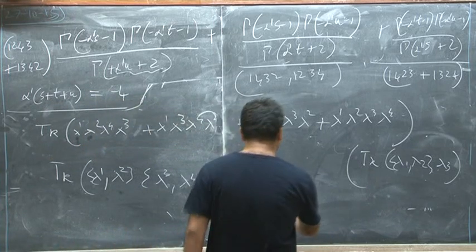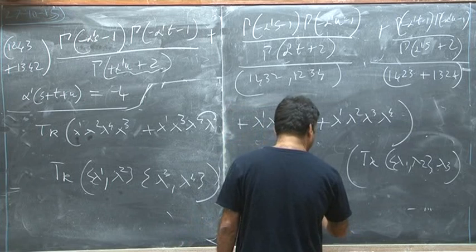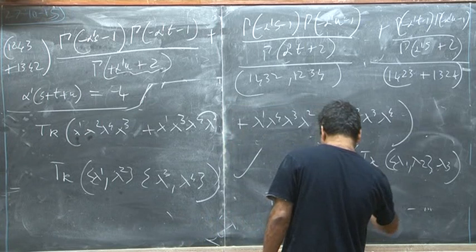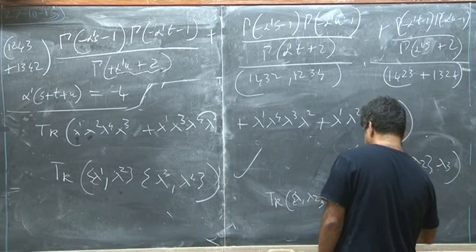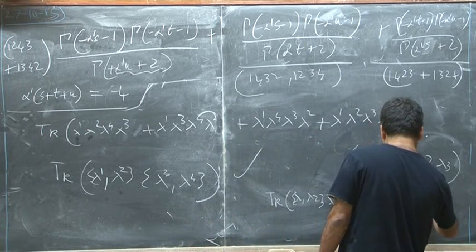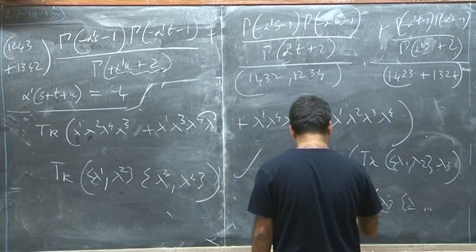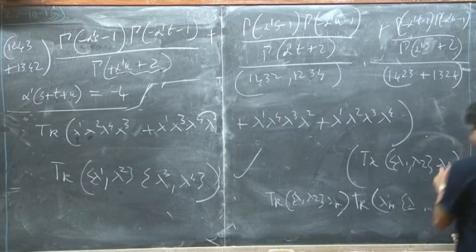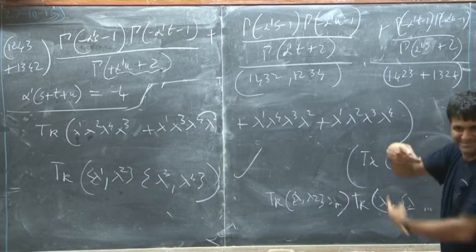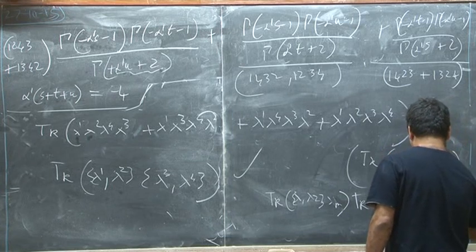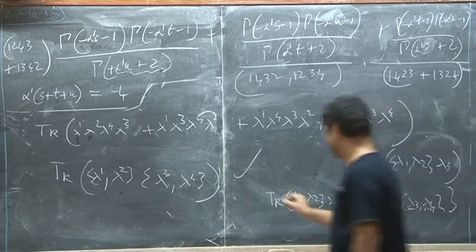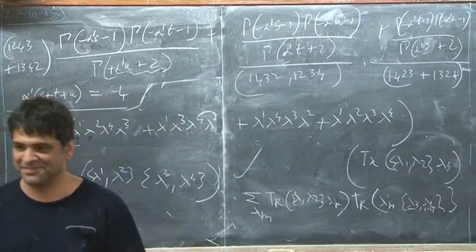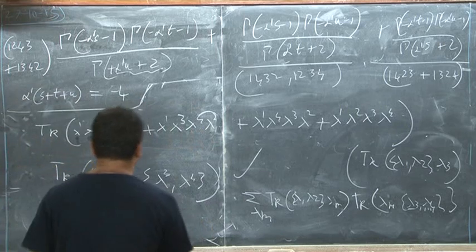The identity must be that trace of lambda 1, lambda 2, lambda middle, times trace of lambda middle, lambda 3, lambda 4, summed over lambda middle, because you should sum over all polarizations of the middle guy, had better be equal to this.